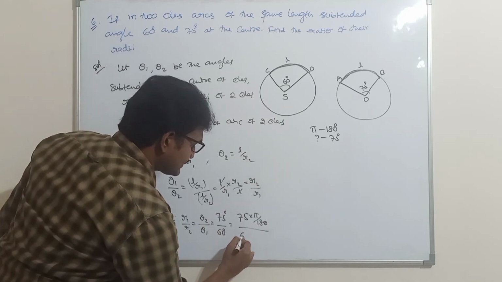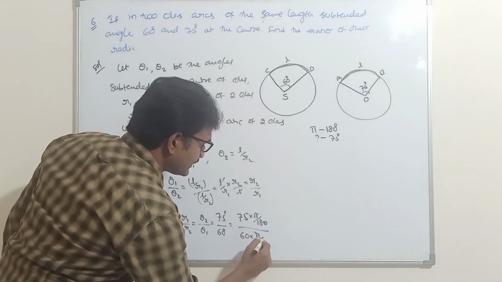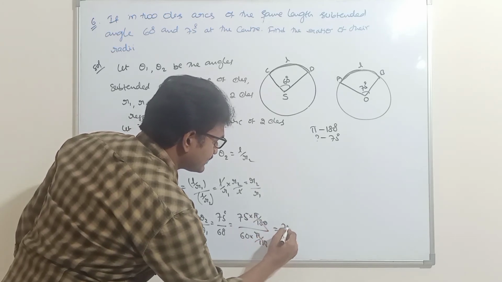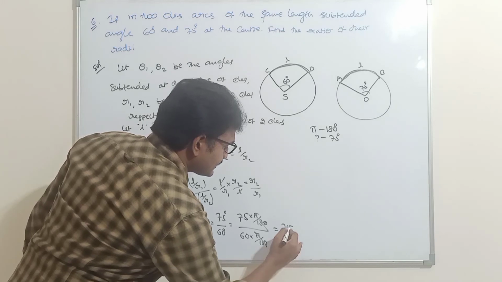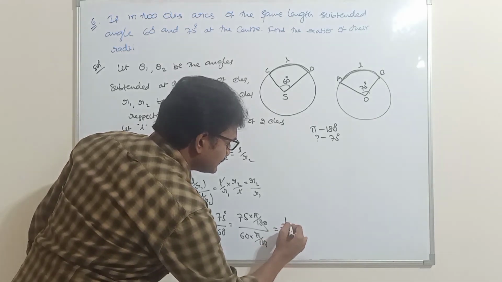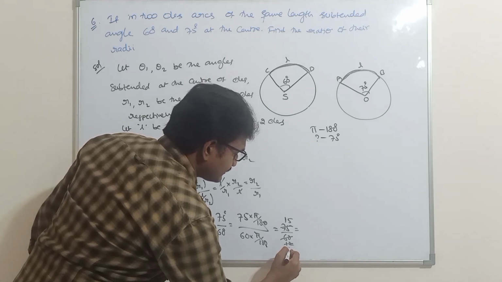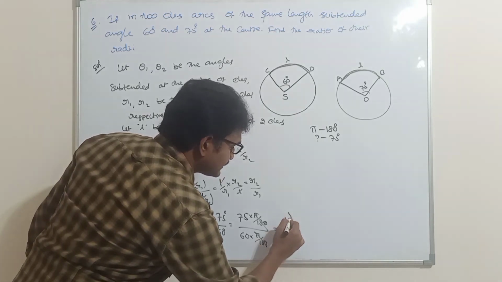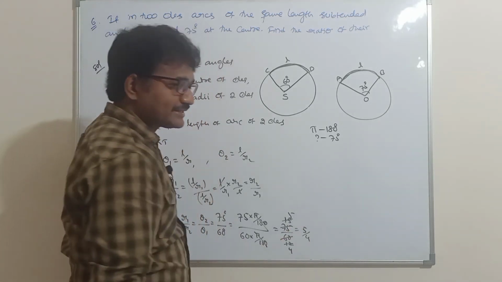Similarly, 60 degrees is 60 into pi by 180. Pi by 180 cancels. So 75 by 60, which is 15 by 12, which is 5 by 4. Therefore the ratio of their radii is 5 by 4.